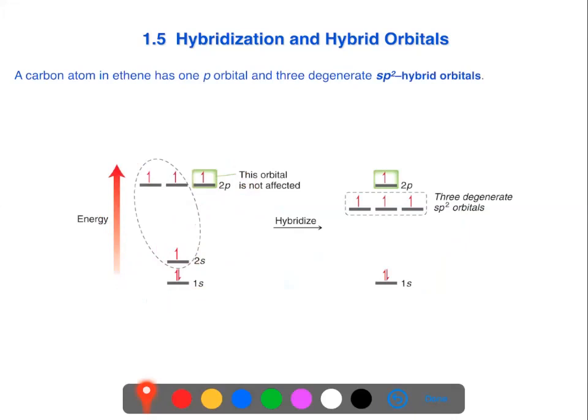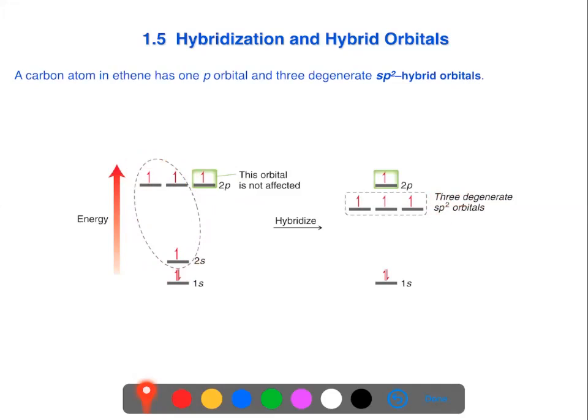Now, when we look at the hybridized picture for ethene, one distinct difference between that of methane and ethane is that not all of these half-filled orbitals are going to be mixed. As you can see by this image, what's shown in the dotted ellipse is that we're only going to mix 3 of those 4 half-filled orbitals. And so the net result of hybridizing these 3 is that we end up with 3 degenerate sp2 orbitals.